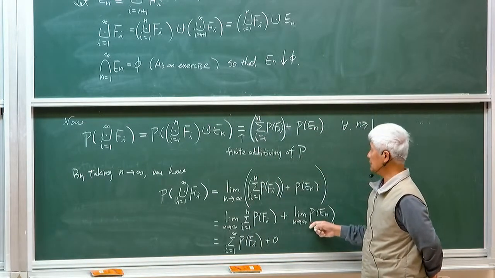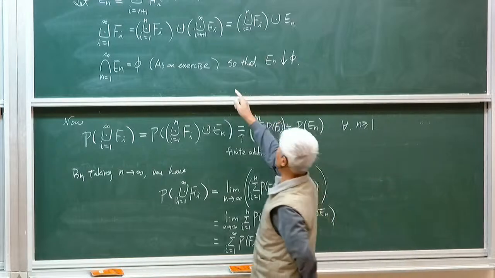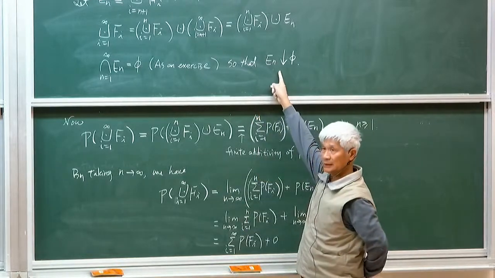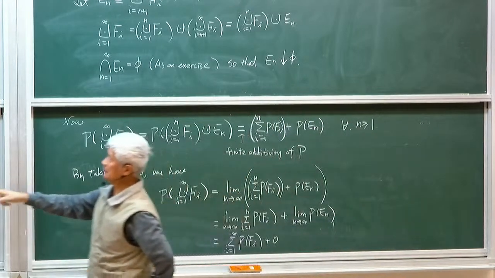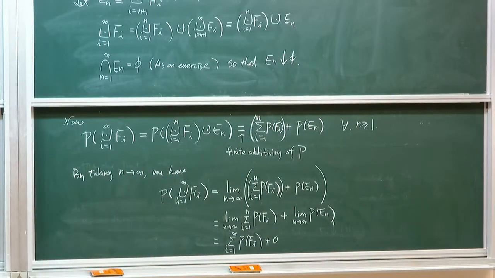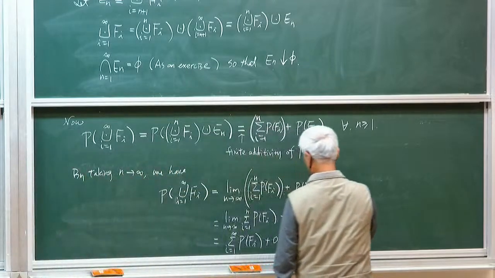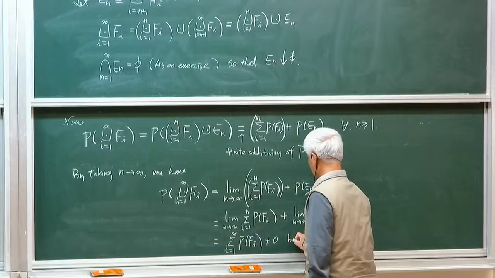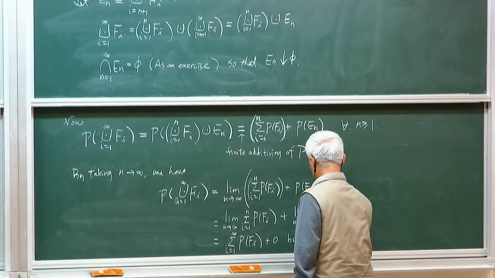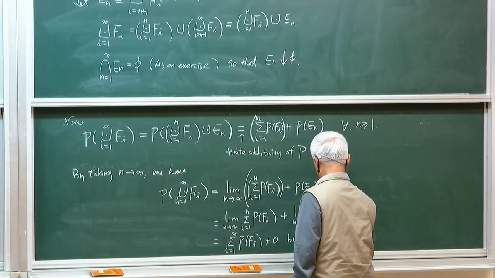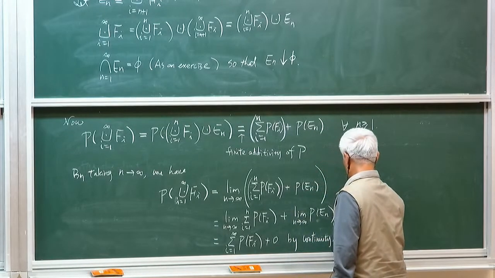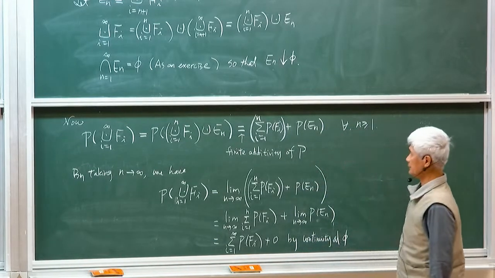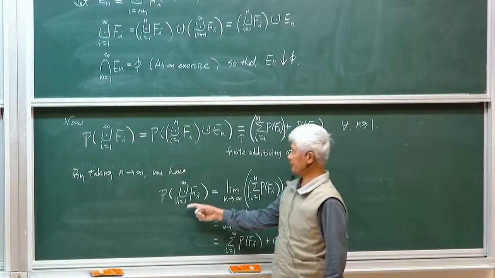Why is it 0? Because E_n has limit the empty set, so by the continuity at the empty set, this limit is equal to 0. So we proved that.